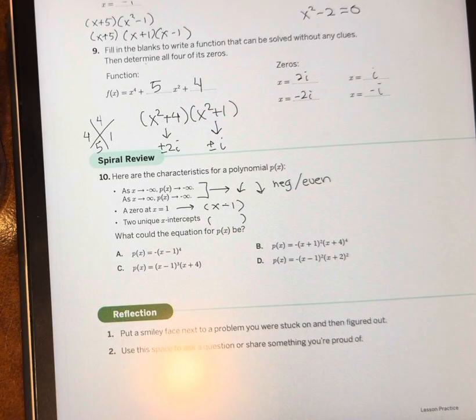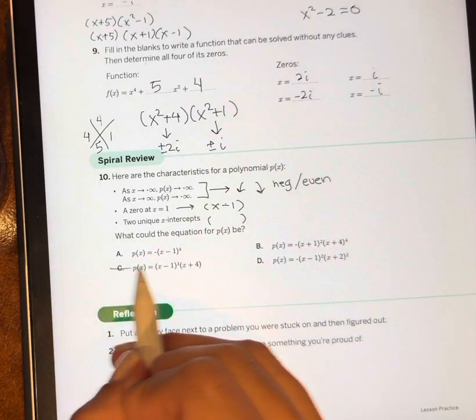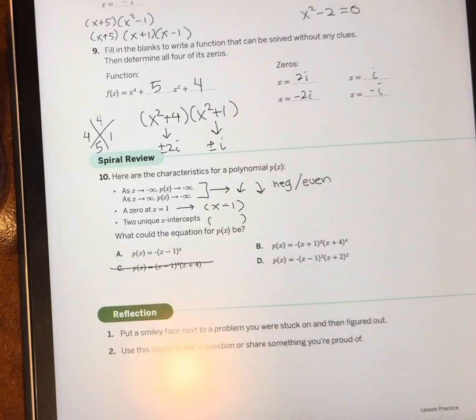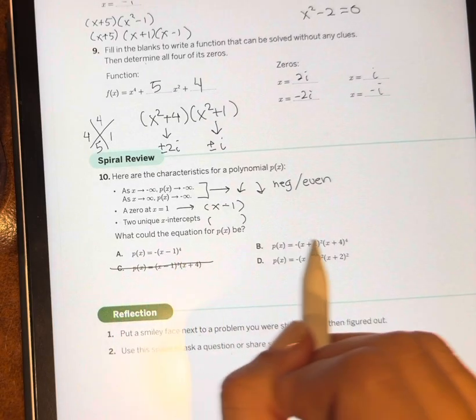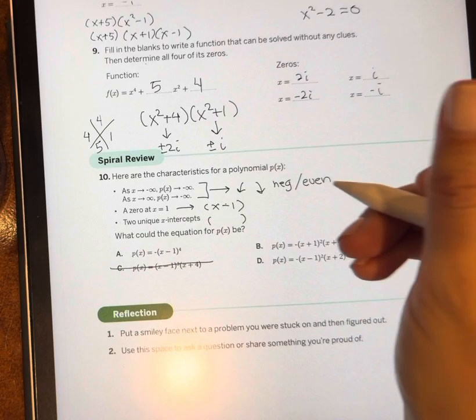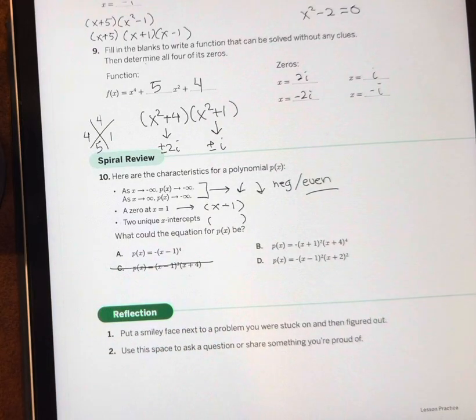Okay, now let's go. What could this equation be? Well, it can't be c because c is positive, and I know mine is negative, all right? The rest of these are even. Bless their hearts for not letting me eliminate any more based on this knowledge. And now, what else?